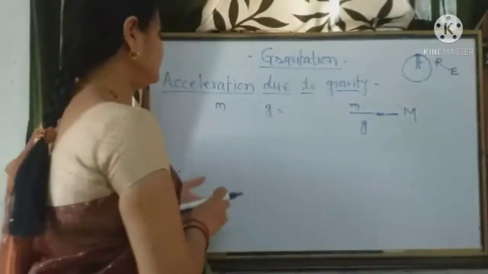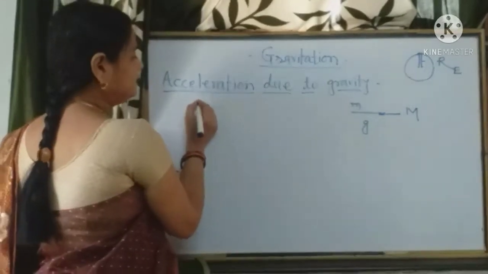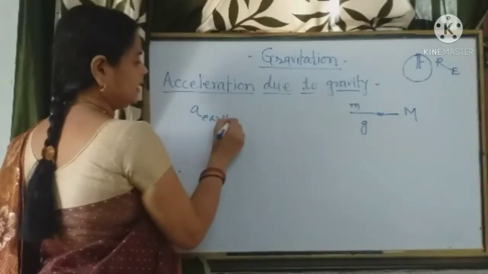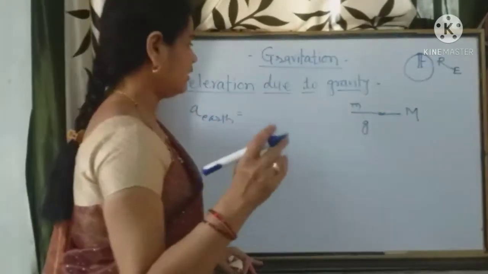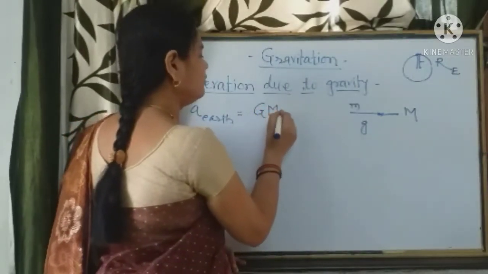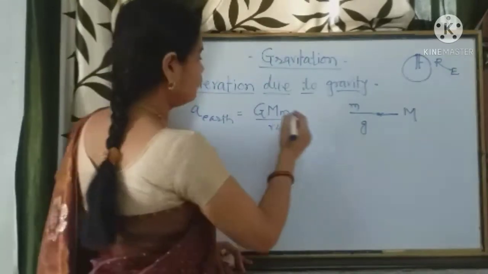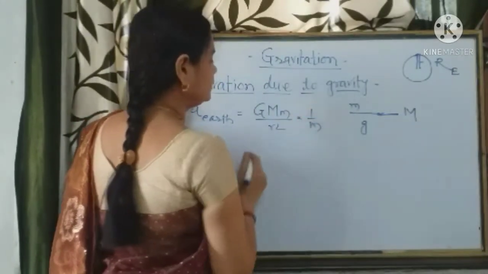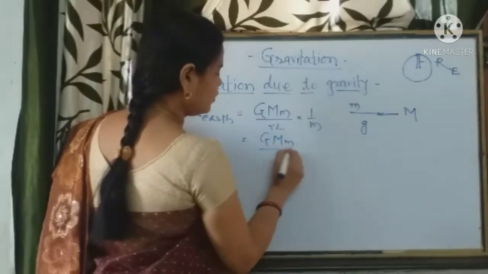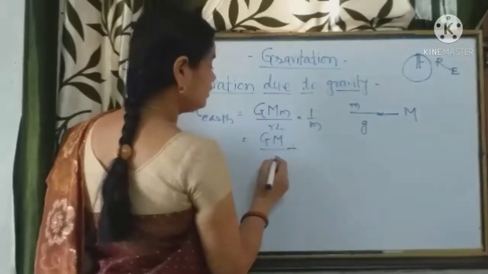Why does this happen? Because see here, the acceleration of the earth, according to Newton's formula, is force divided by mass, that is the mass of the body, which is equal to GM upon r square.